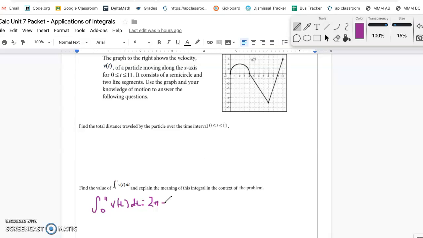So it'll be negative 18. And the area of this triangle here is going to be plus 1.5. And so now this is going to be 2 pi minus 16.5.